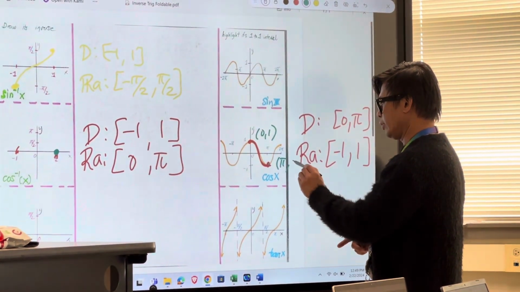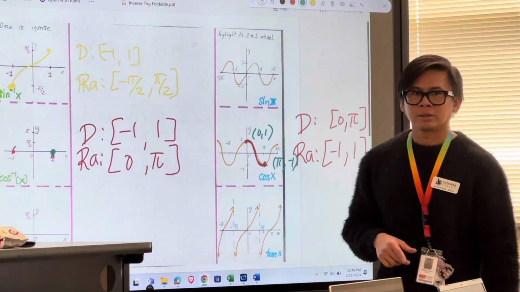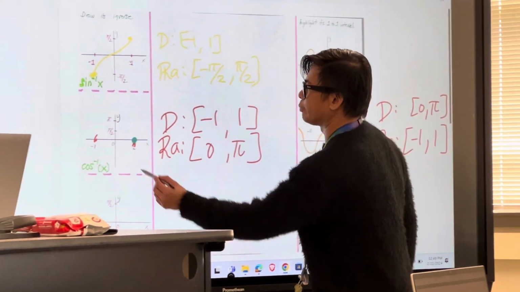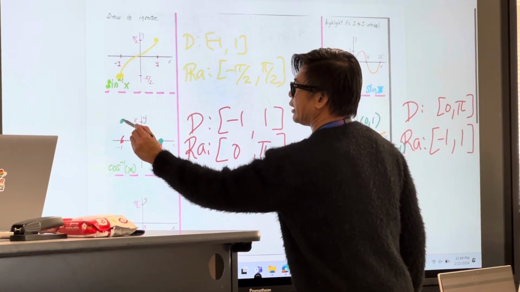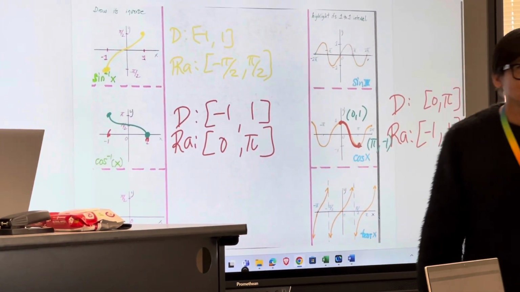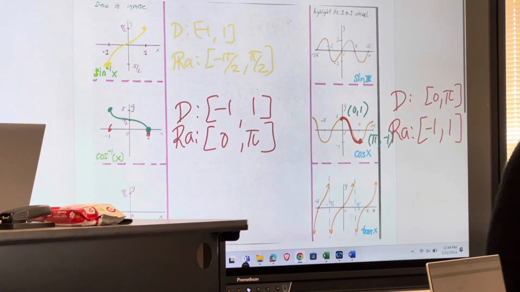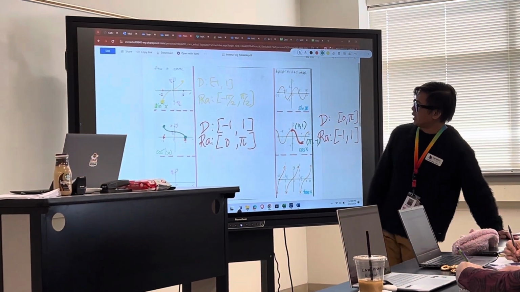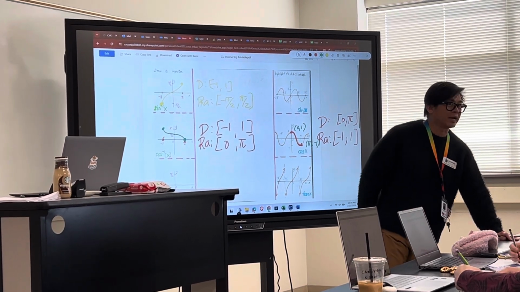Pi, negative 1. Thank you. If you flip them, it becomes negative 1, pi. So where's that negative 1, pi? As you may notice, it would look like such. Are we good, guys? That would be the graph of our cosine function.